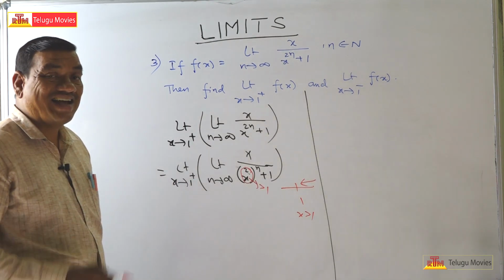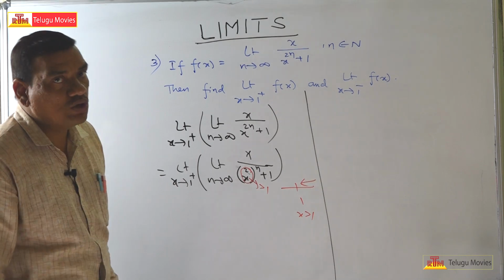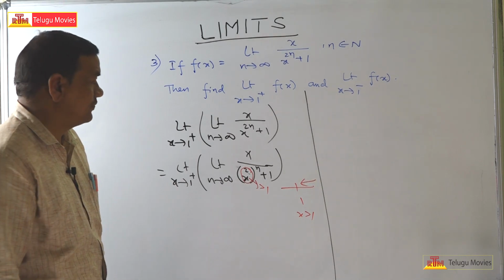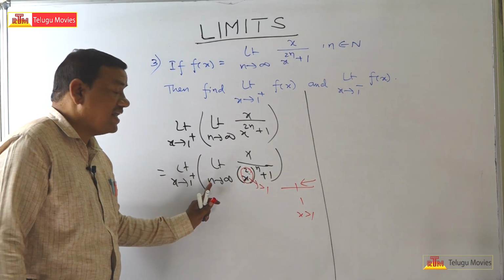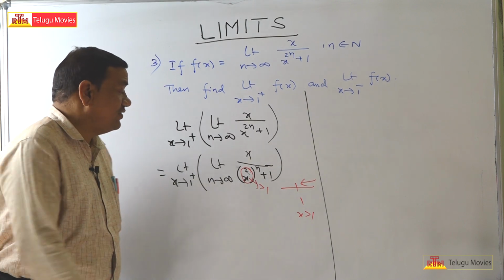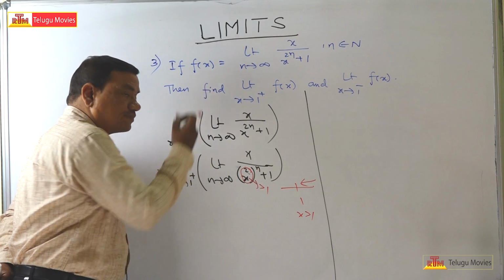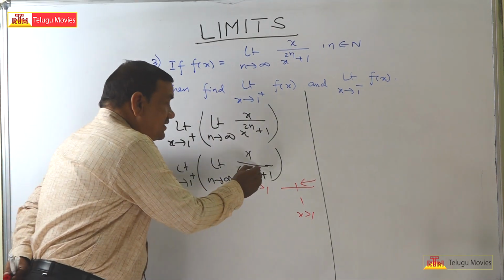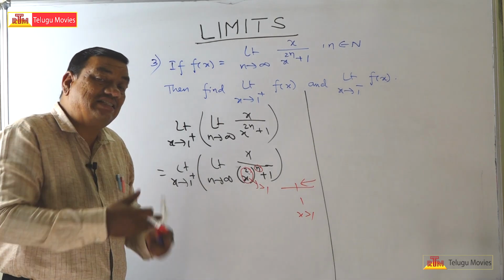Am I right or wrong? X is greater than 1, then x square is also greater than 1, obviously. When x square is greater than 1, see here n tends to infinity. Here n is in the power, and as n tends to infinity, you are increasing the value.